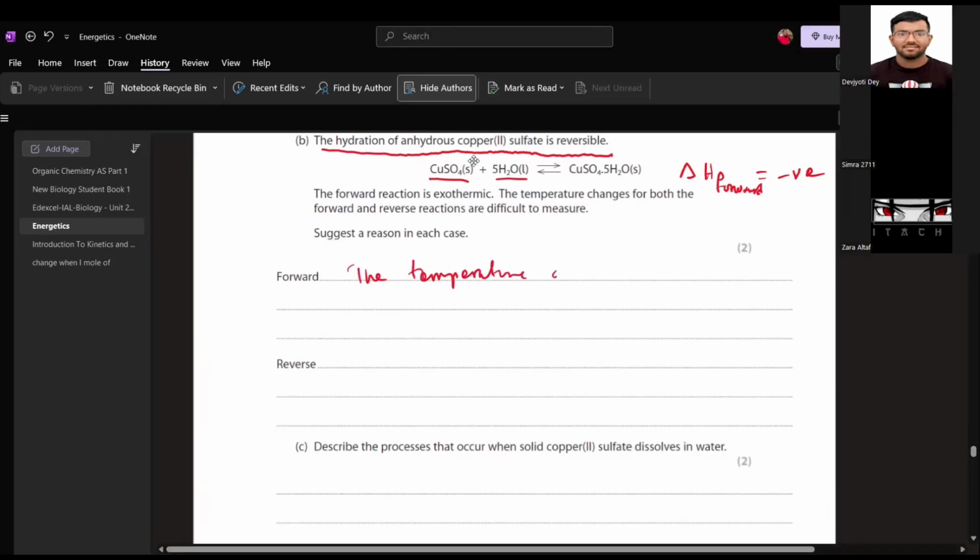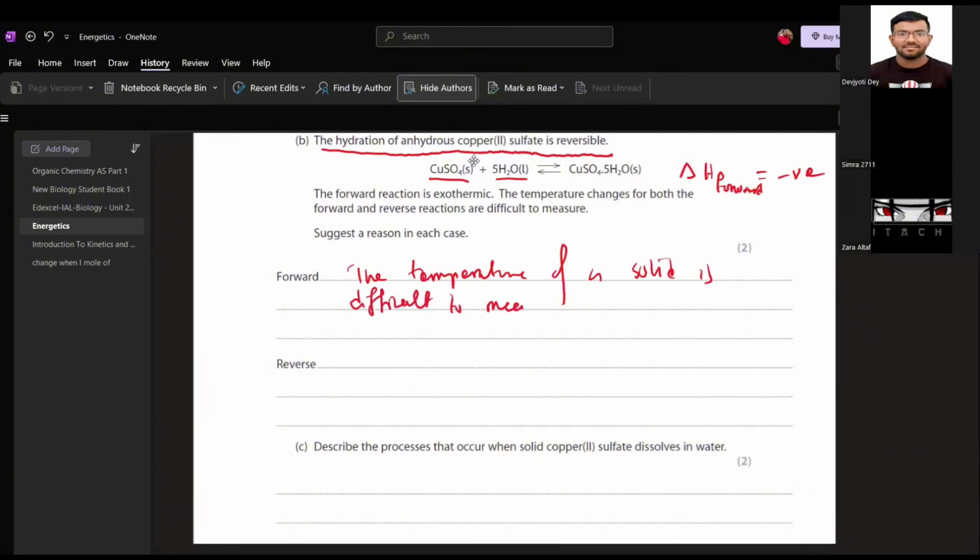The temperature of a solid is difficult to measure because look, in a solid, the heat is not distributed equally in the whole structure. When you try to heat it up, a lot of heat gets lost to the surroundings. So it becomes very difficult to measure the temperature of a solid accurately. Did you get my point?